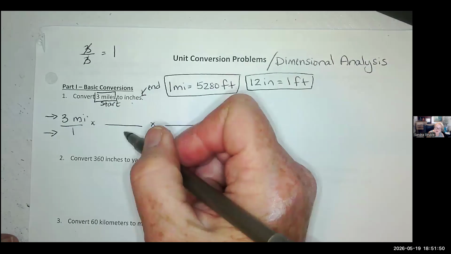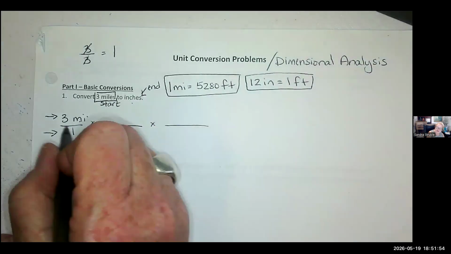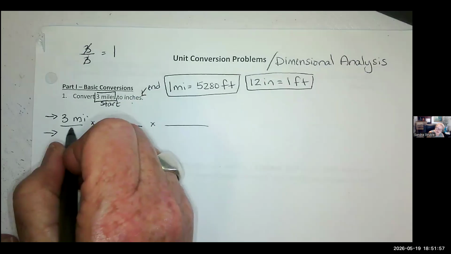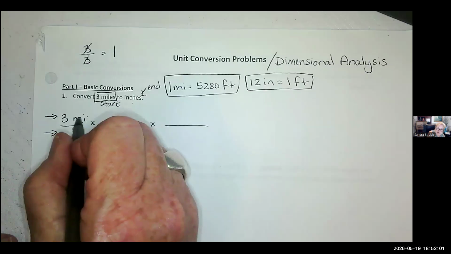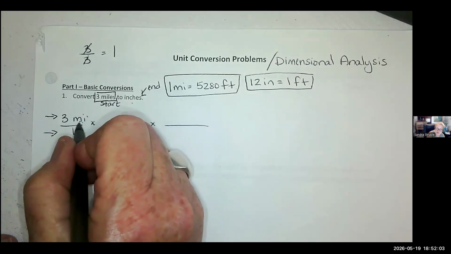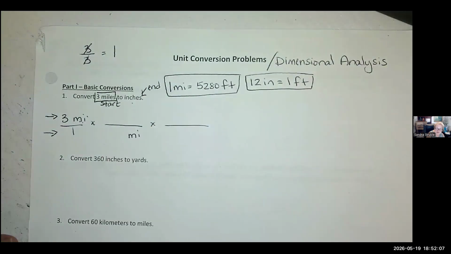This is why we want to start with what we're given and nothing else, because if we have miles up here in the numerator in the top, in order to get rid of it, we need to have miles down here in the bottom. You're going to notice that I do not do anything with the numbers until I get my units in place. So if I've got miles up top, I have miles down the bottom.